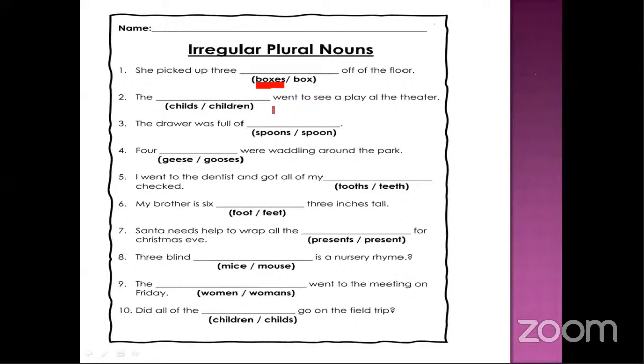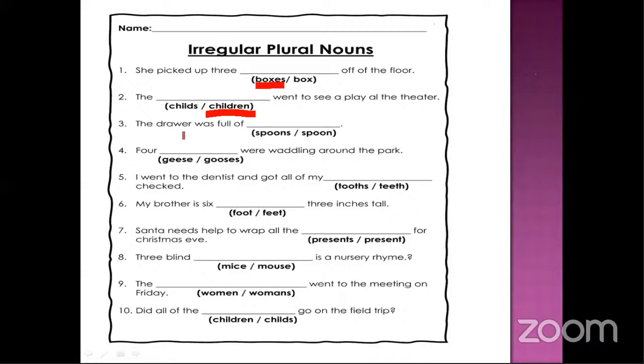The words are child's, children. So what is the correct plural noun? Can you remember it? Children, not children's. There's no such word. The correct answer is children.